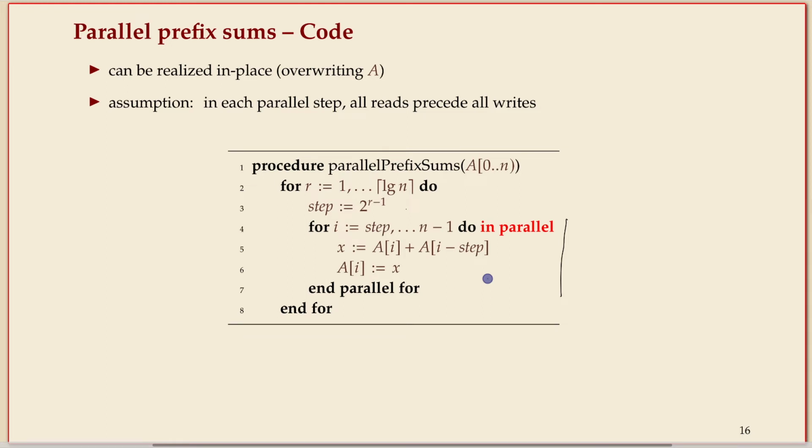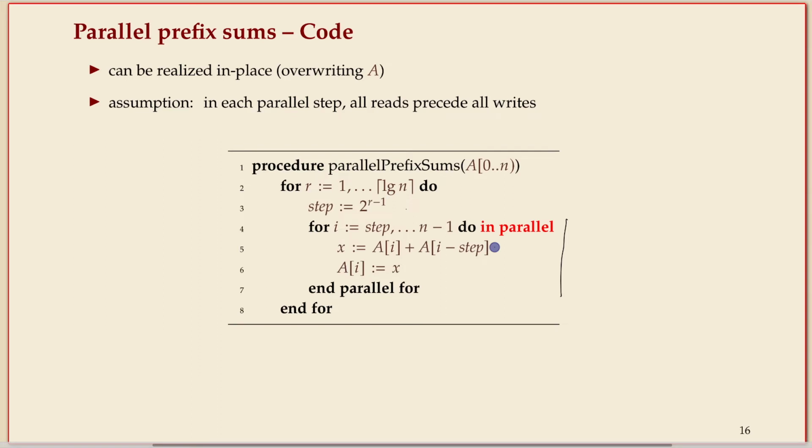Now, I split it up in this case to point out a subtlety here, which the PRAM model is essentially fine doing it that way, but you have to be careful if you implement this on real software or programming languages with parallel support.